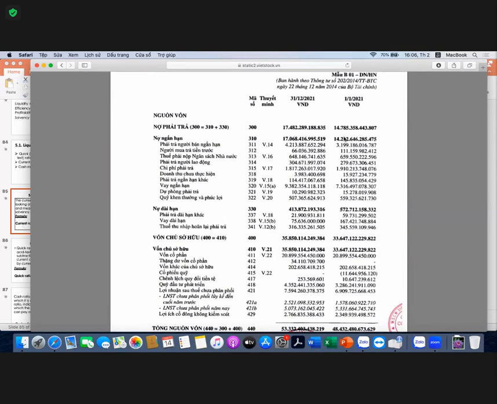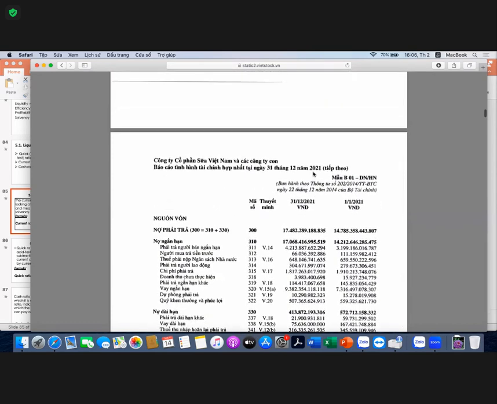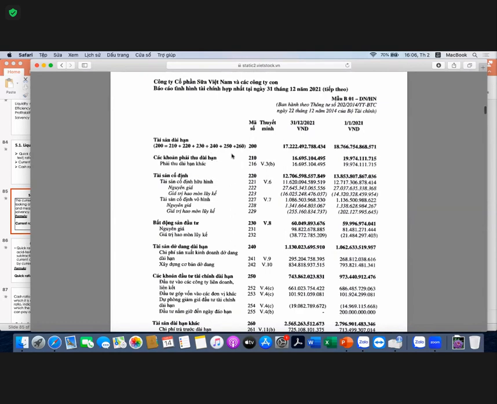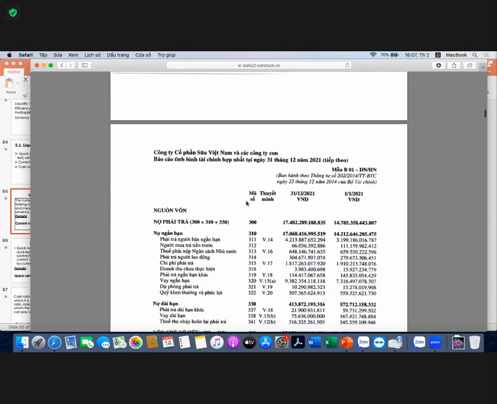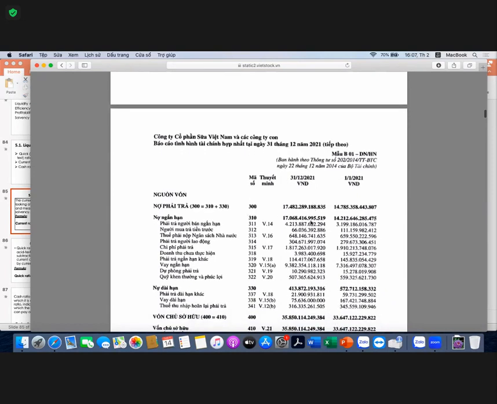And in 2020 it is 14,213 billion đồng. Okay. So we will take the figure in code 100 divided by the figure in code 310, and we will have the current ratio. Now, what is the current ratio in 2020 and 2021 of Vinamilk?